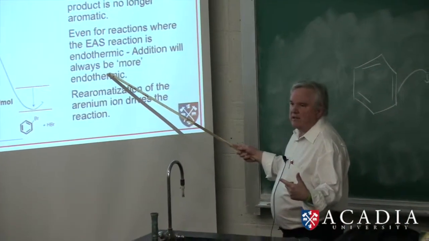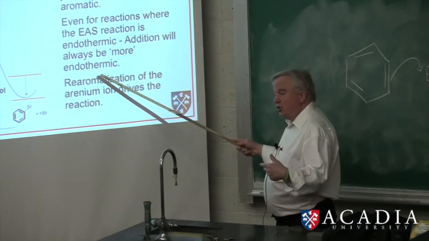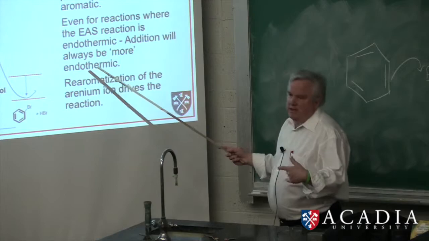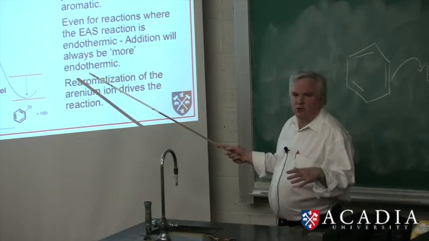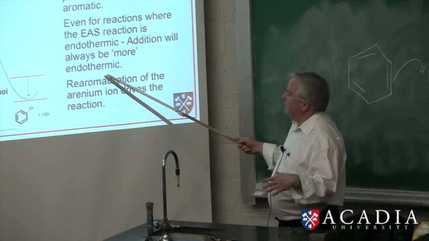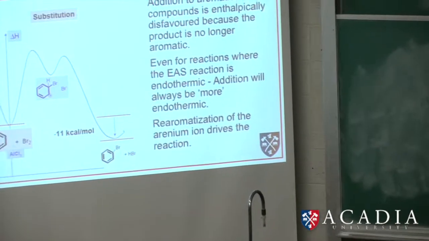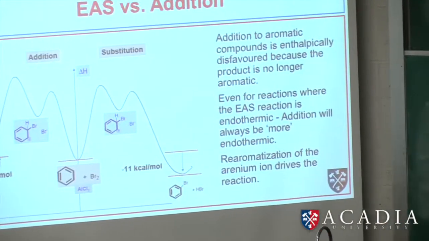We've broken up the aromaticity. So because of that, the reaction would be endothermic. The substitution reaction ends up being pretty close to thermoneutral. Most often it's slightly exothermic because we re-aromatize. We regain that aromatic stabilization for the substitution reaction.